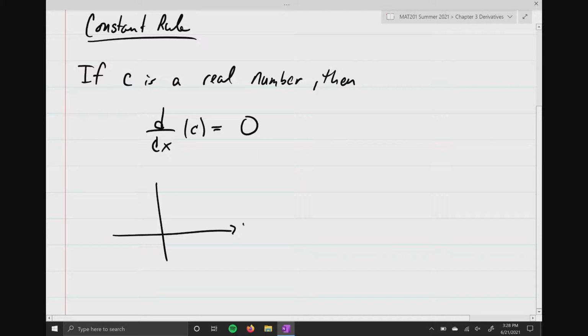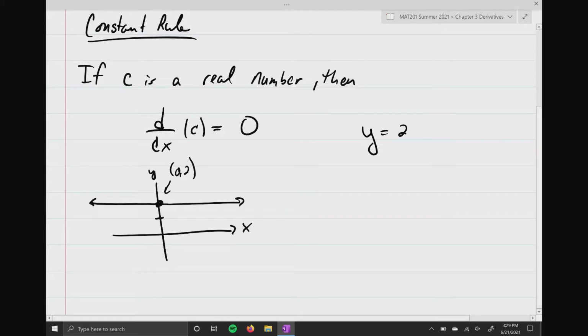Now, real quick, if I were to graph, let's say, a constant function. Now, we know c is going to be some function, and let's say we graph y equals 2. Well, y equals 2 is a horizontal line that crosses the y-axis at the y-intercept, 0, 2. And we know the derivative is the measurement of the slope.